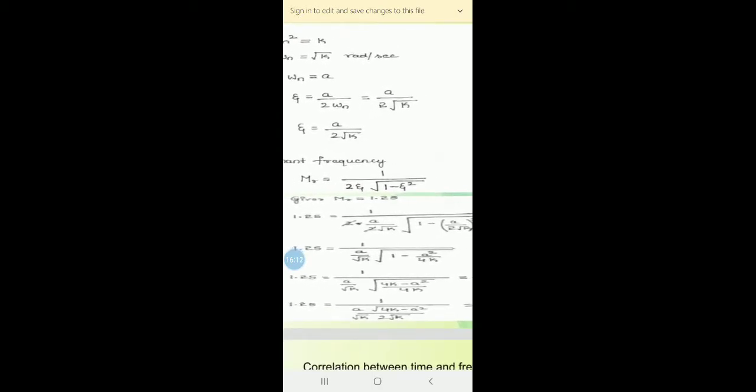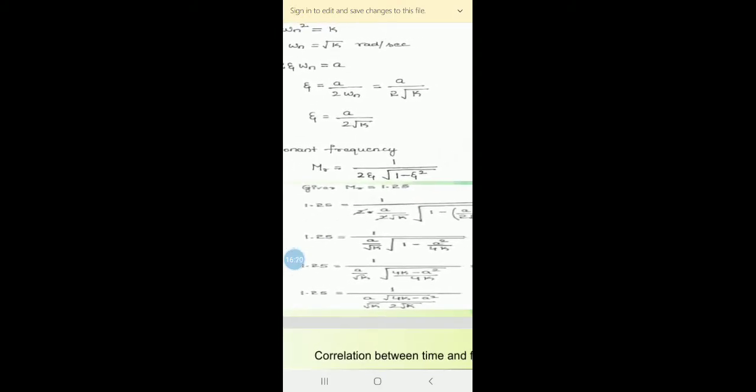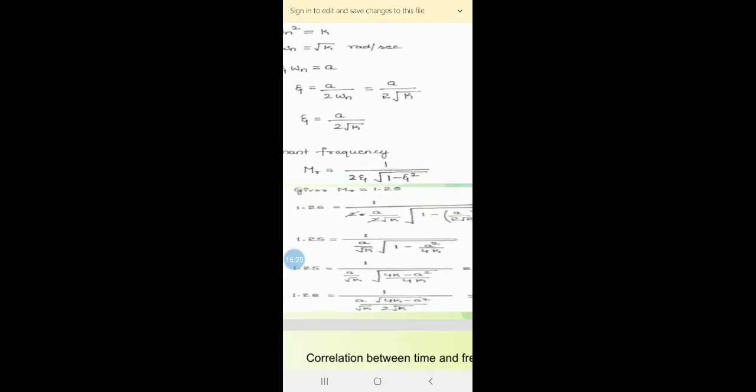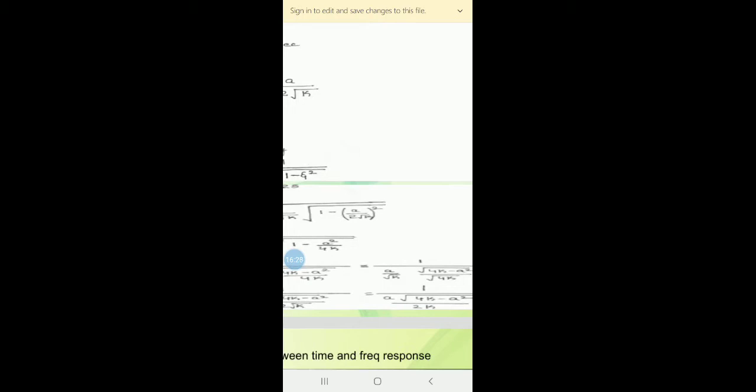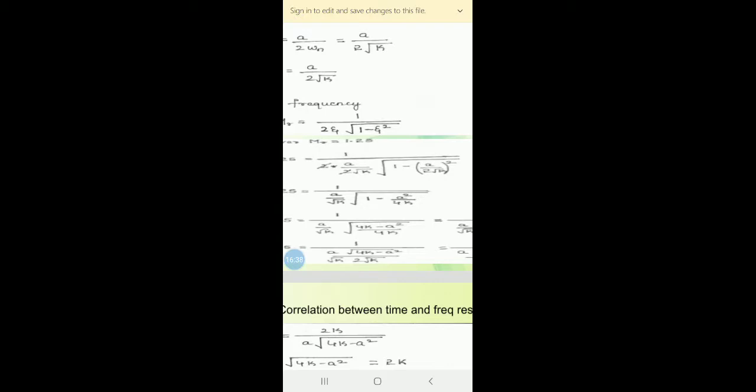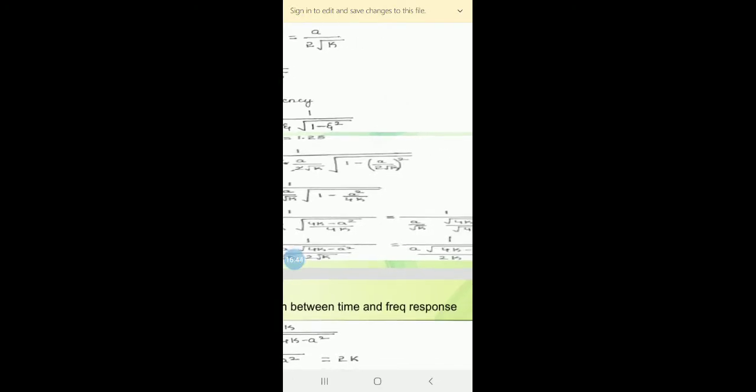We get 1.25 is equal to 1 divided by a by root k into root of 1 minus a square by 4k, which is equal to 1 divided by a by root k into root of 4k minus a square by root of 4k, which is 1 by a into root of 4k minus a square by 2k.